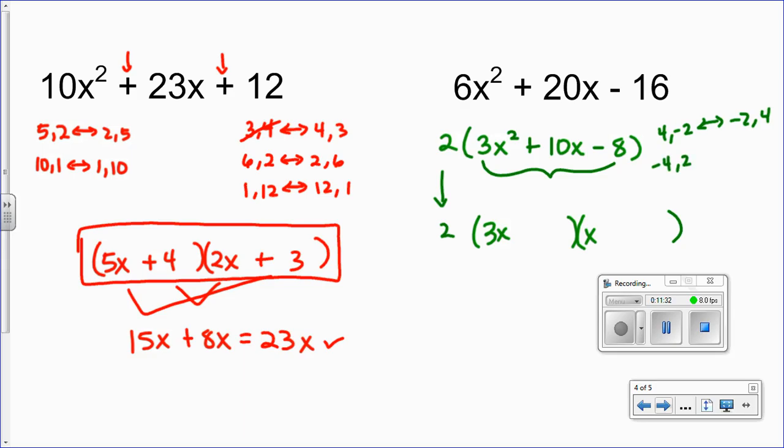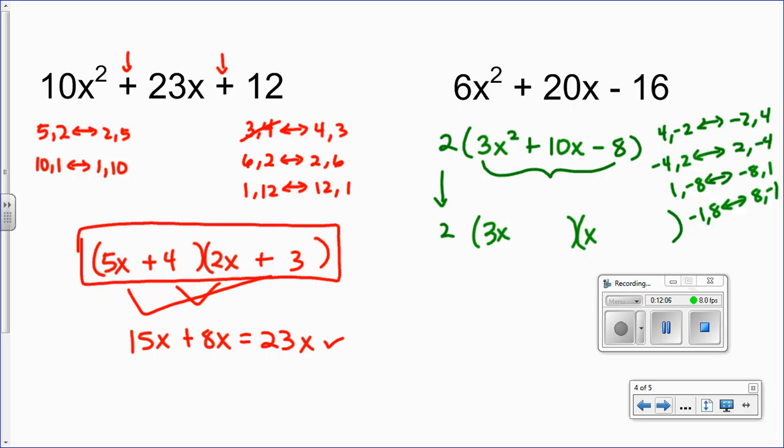Negative 4 and 2, which could be positive 2 and negative 4. 1 and negative 8, which could be 8 and negative 1. Okay, so those are all my factors of 8, my choices to use.